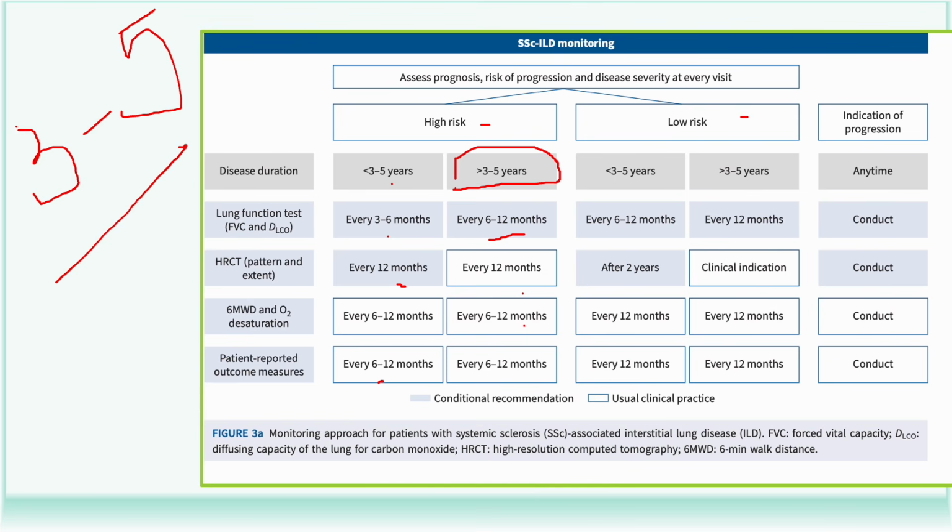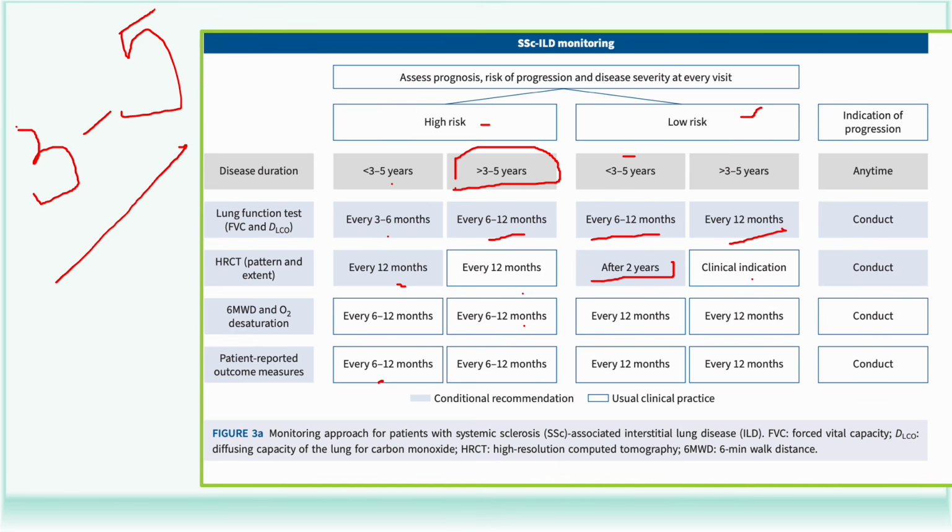Now, if your patient has a low risk, even then, because he's a systemic sclerosis patient, our PFT frequency may be 6 to 12 months if it's early onset disease, and every year if it's above 12 months. But HRCT has to be done after 2 years if this patient has a very low risk, and on clinical indication if it's been a long time since he's been at low risk.